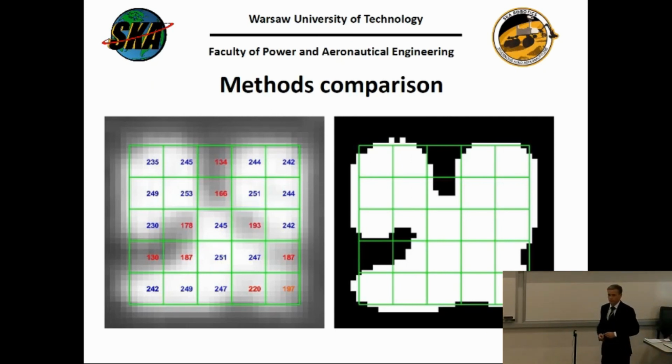Many methods for detecting and recognizing such markers use binarization just to extract white and black squares. During my work, I noticed that under some conditions, especially when the markers are very distant from the camera and the resolution is very low, such black squares are not visible, like here.